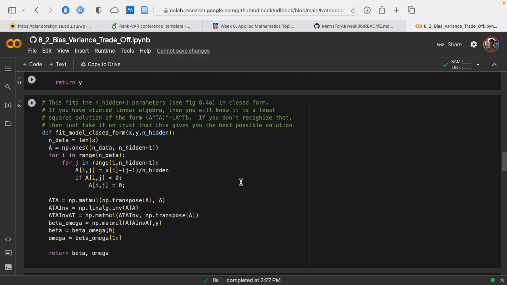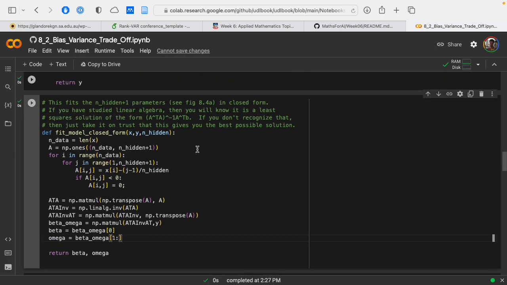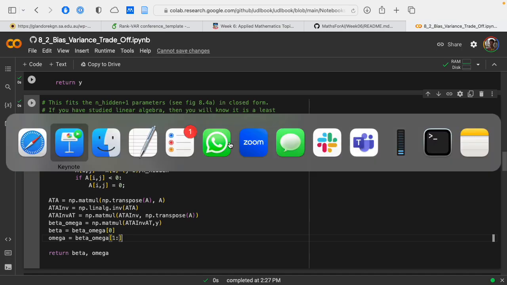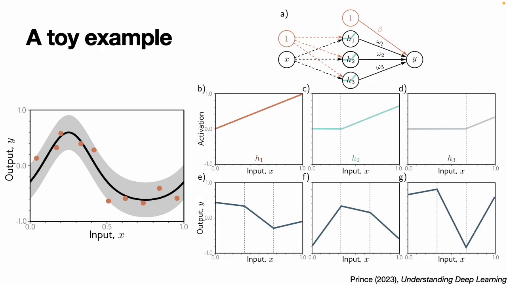And you can dig into the code. This is kind of interesting because this is so simple in structure that you can actually solve this exactly. You don't actually need to do stochastic gradient descent because there's only one layer in this neural network. If I come back to this, there's only one layer here, right?